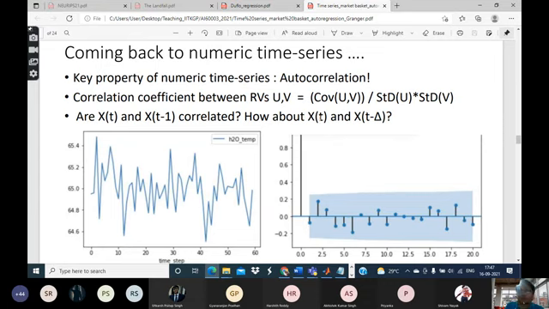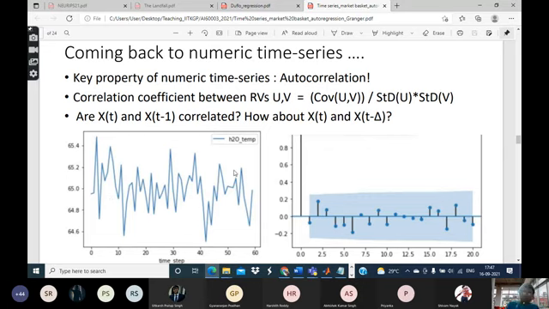Wherever I have x2 in the original time series, I will consider x1 in the lagged time series. Whenever there is an x3 in the original, I will consider x2 in the lagged series. So I get two versions of the time series: the original, and a lagged version of it, shifted to the left by one step.